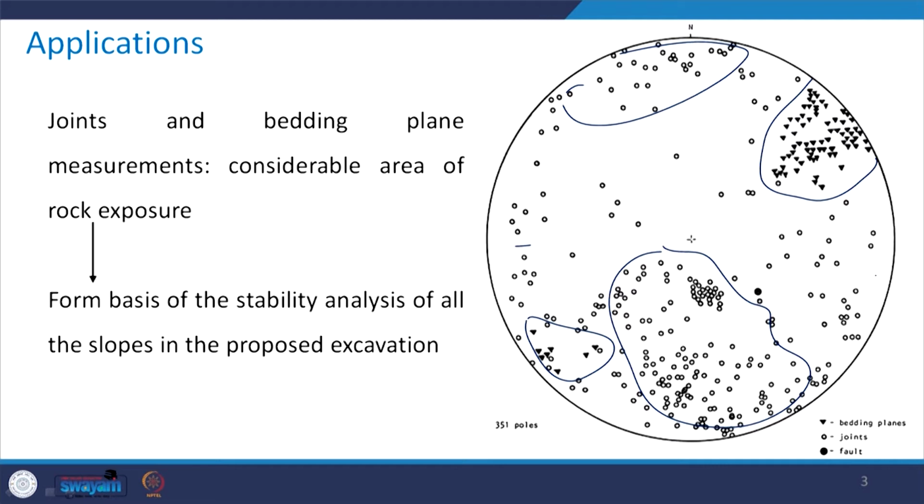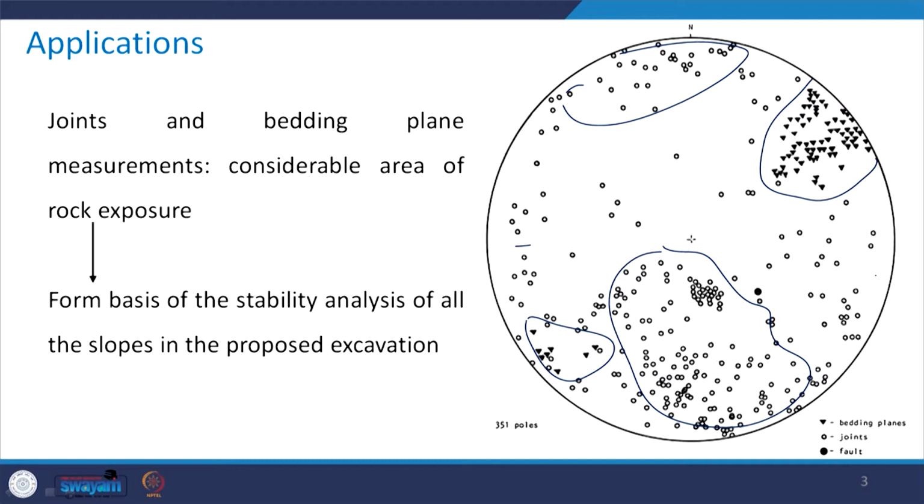You can see that in this figure, joints and bedding planes are there in the considerable area where the rock is exposed, and this forms the basis of the stability analysis of all these slopes in that proposed excavation.